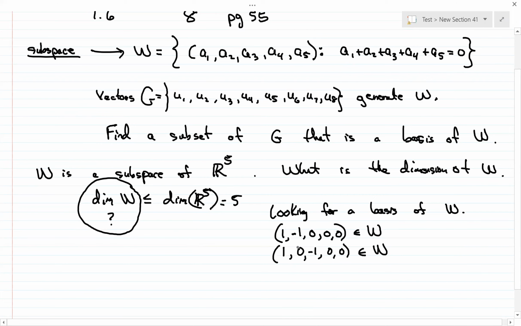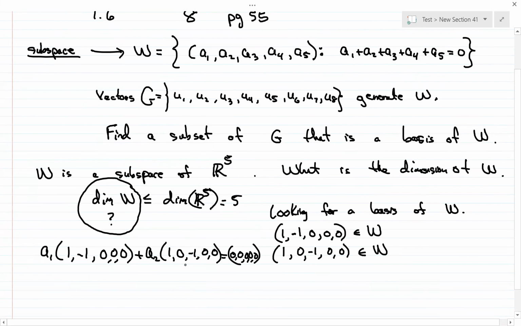Would both of these be part of a basis? Are these linearly independent? I think so, because if you took A1 times the first one and added it to A2 times the second one, and if you set it equal to the 0 vector, what would have to be true?